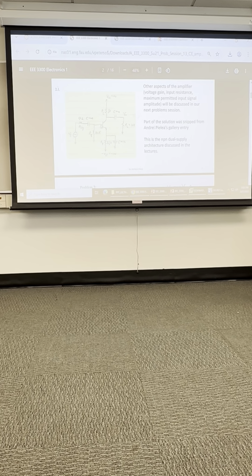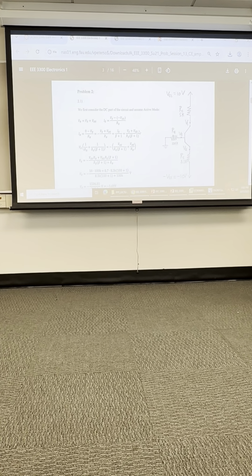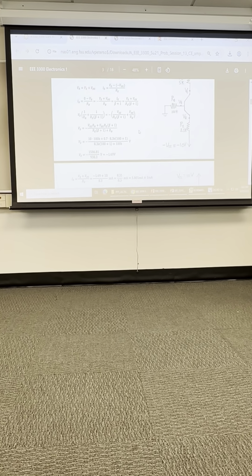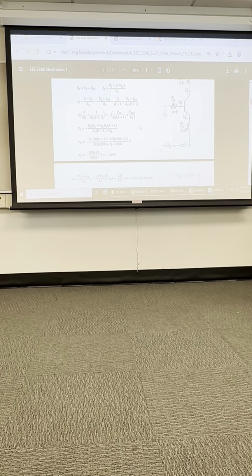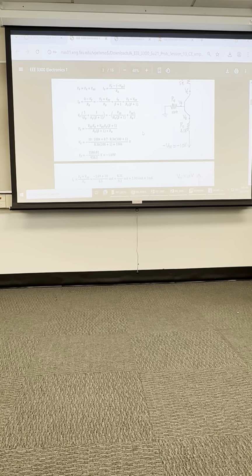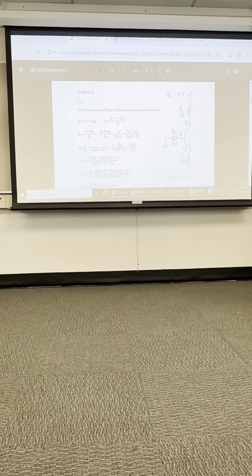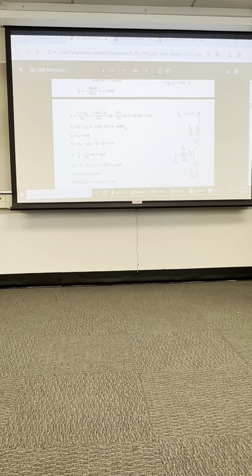Instead of two base resistors, it has one resistor to ground. The way this problem is being solved is it's not using that I sub B equation. The author here is actually solving the base emitter loop in terms of voltage drop. That's why the equations here really look quite different compared to the ones we've been going over.